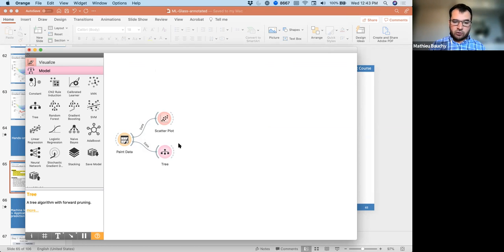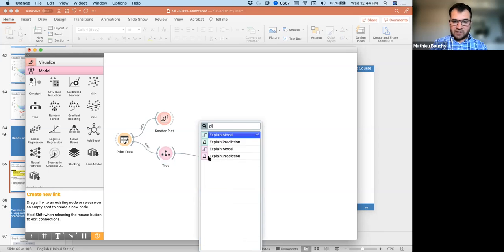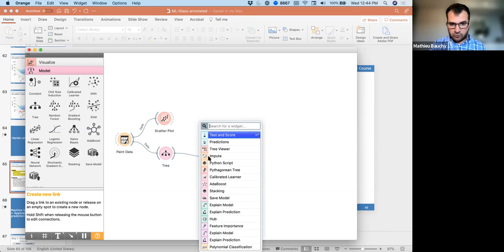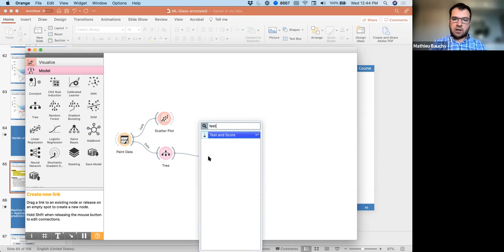So now you have your tree here. The question is, is this tree able to accurately predict which glass is blue and which glass is red? One thing you can do for this is visualize what it's predicting. You can test how accurate this model is.